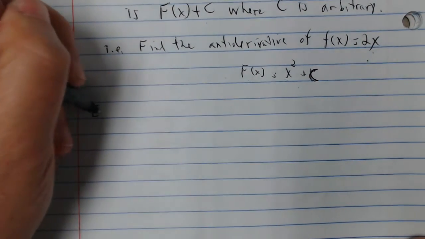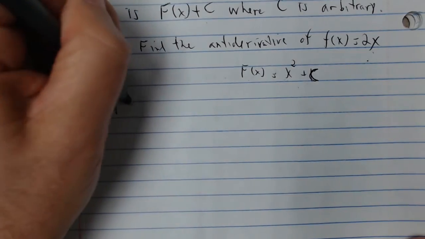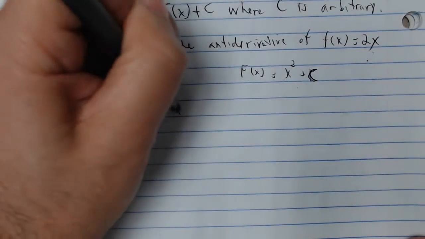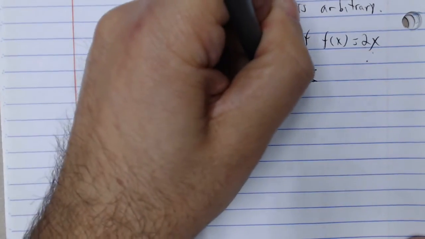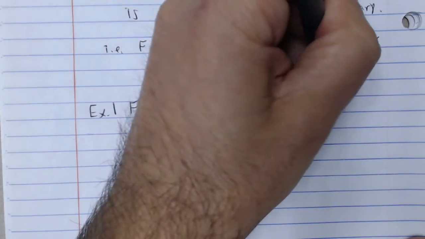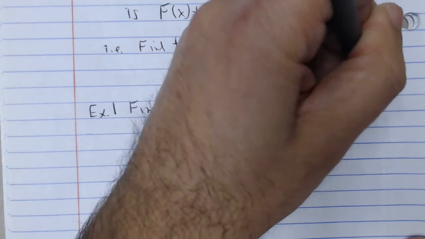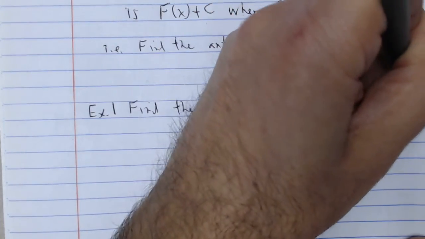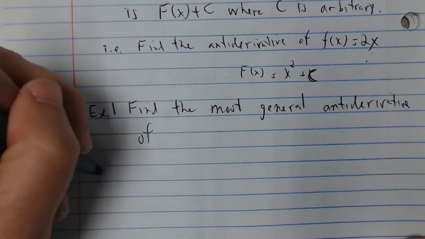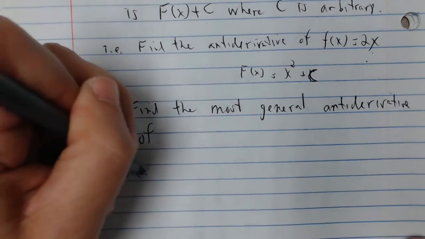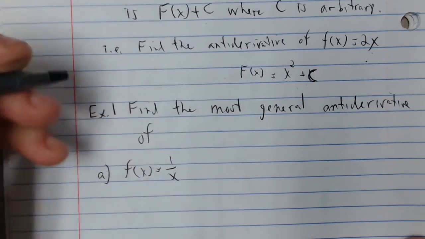So example 1, we're going to say find the most general antiderivative of the following. So a, f of x equals 1 over x.